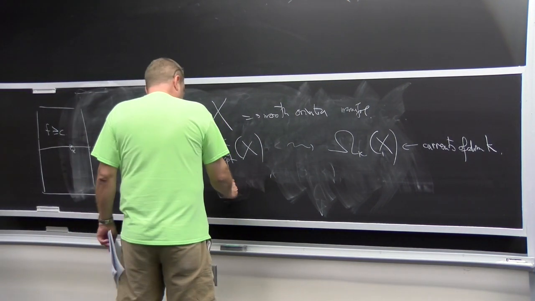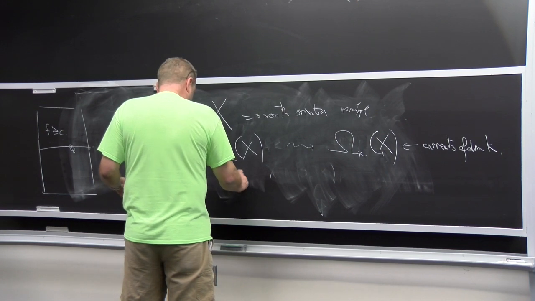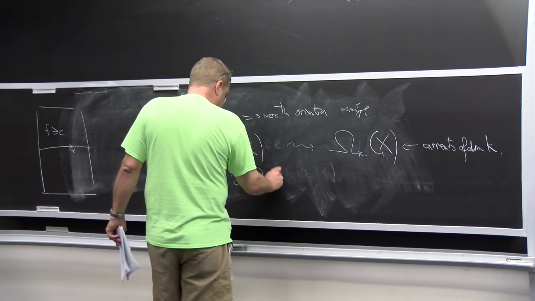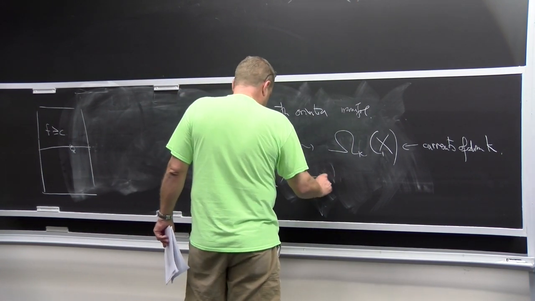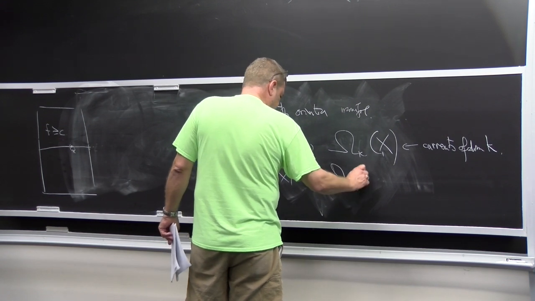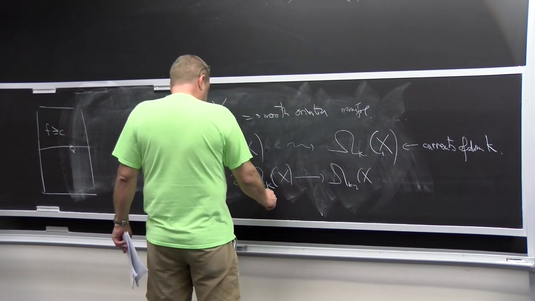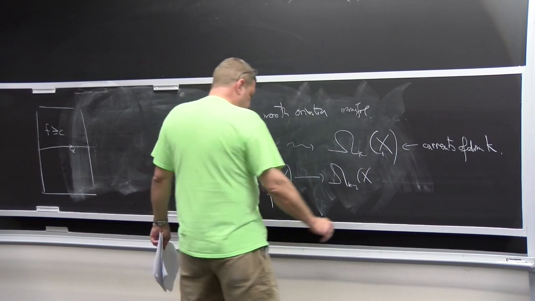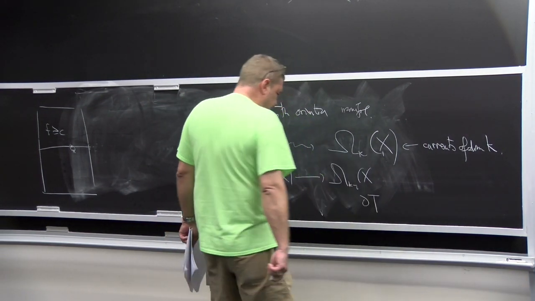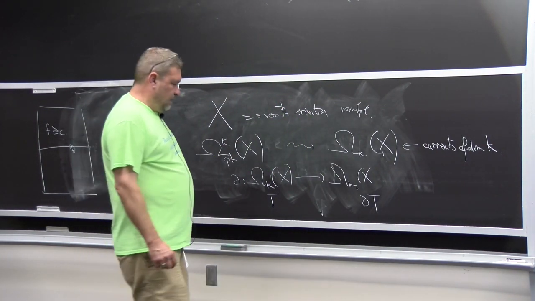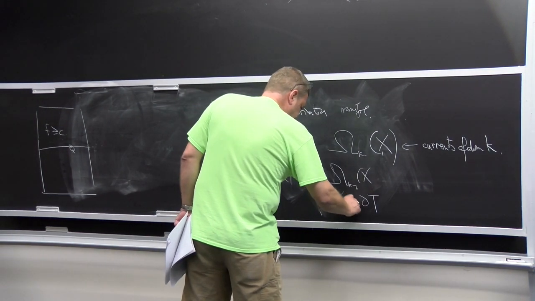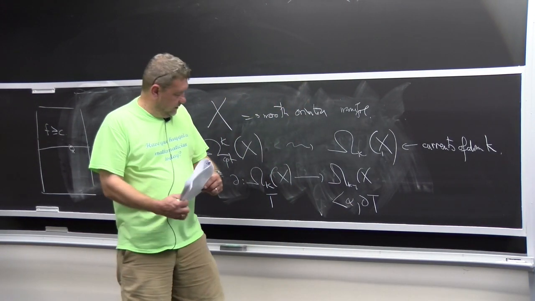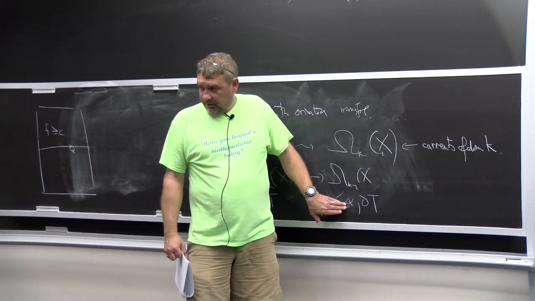Now there is a boundary operator, omega k of X to omega k minus 1 of X. If you give me a current T, what is the boundary of T? If I integrate a form over it, so in this part it will be forms.